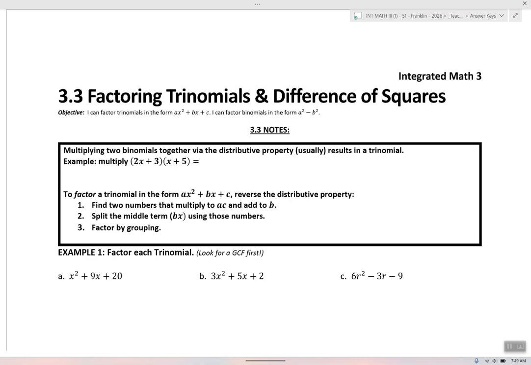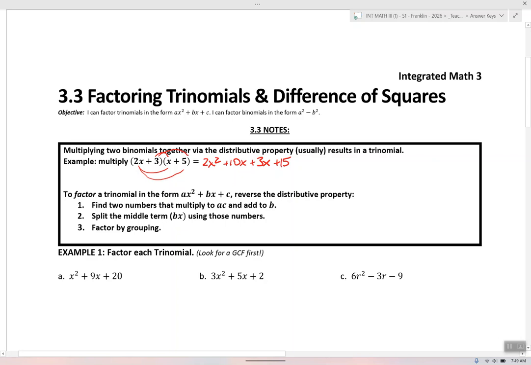So first, just a reminder, when you multiply two binomials together using the distributive property, you usually get a trinomial at the end. So for example, if we multiply 2x plus 3 times x plus 5, using the distributive property, 2x times x is 2x squared, 2x times 5 is 10x, 3 times x is 3x, and 3 times 5 is 15.